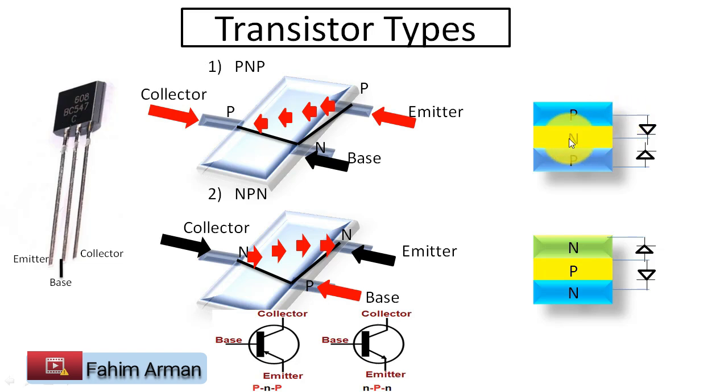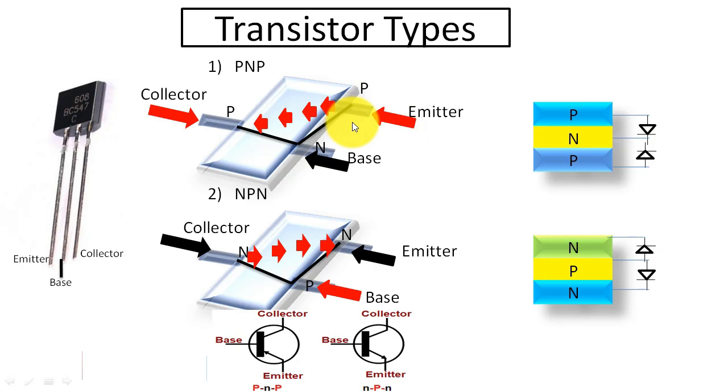If you want to turn the PNP transistor on, you have to give negative voltage. Negative voltage means below 0.7 volts here. If you give below 0.7 volts to the base, then the emitter and collector will be joined and the required voltage will pass from emitter to collector.